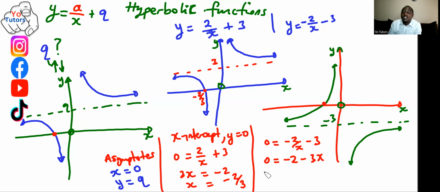Then we take the 3x there. 3x is going to be equal to -2. Then x is going to be equal to -2 over 3.